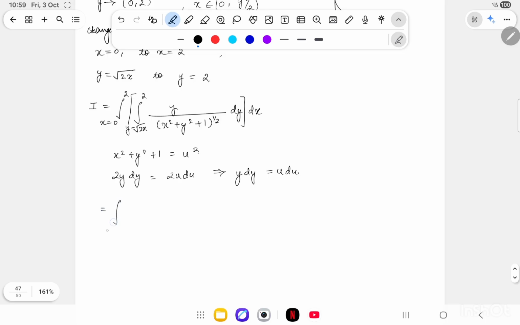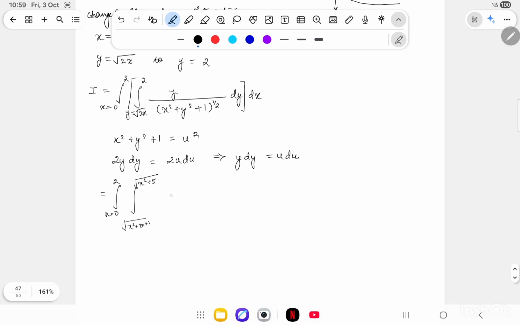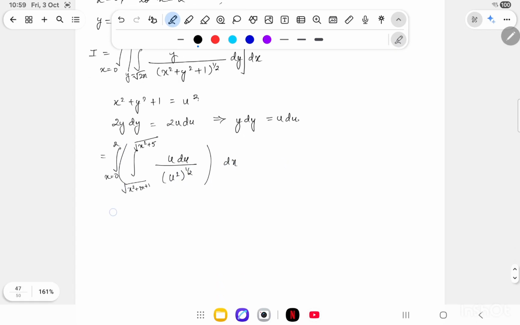So my integration reduces to x from 0 to 2, and the limit changes: when y square is 2x, u is under root x square plus 2x plus 1, and when y is 2, it is under root x square plus 5. Then y dy is u du, and in the denominator we have u square to the power 1 by 2, dx.